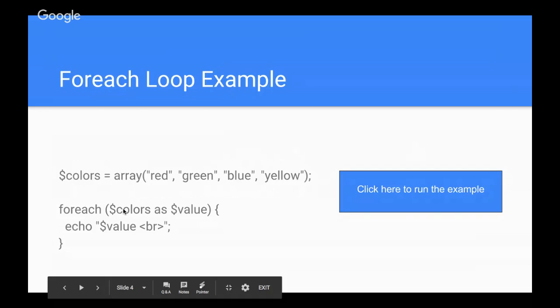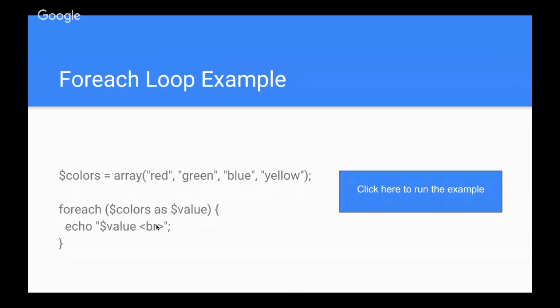So we just say, we want to pull from this array and make each of our values the variable value. Then below, in order to show it, you need to do the echo statement. You're going to echo out a value and then put a break in so we can tell we're continuing on.